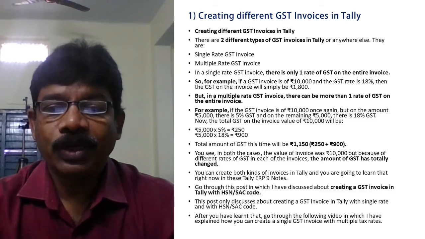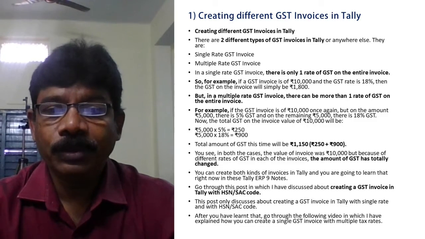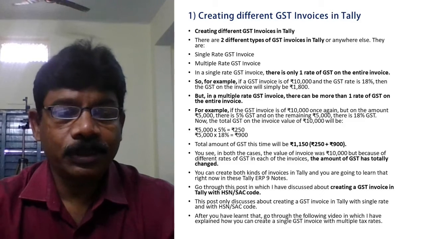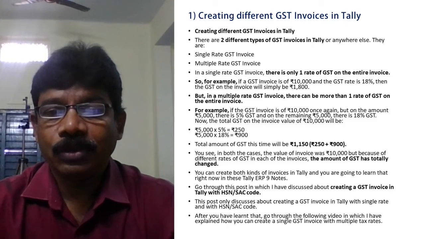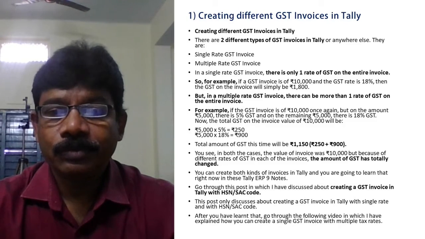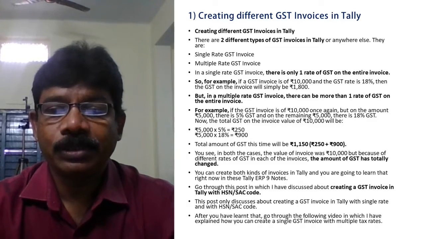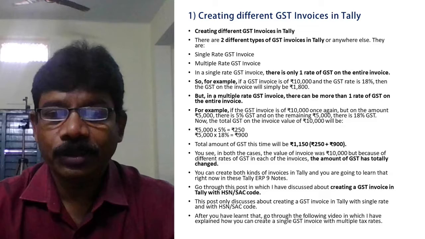Okay, 5,000 at 5% is 250 and 5,000 at 18% is 900. Total 1150 is divided into SGST and CGST and will be shown in this invoice.